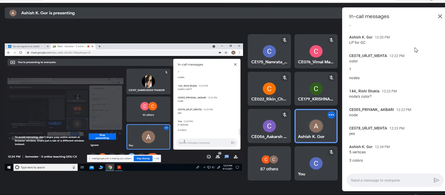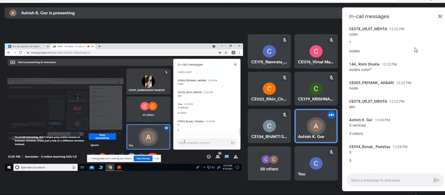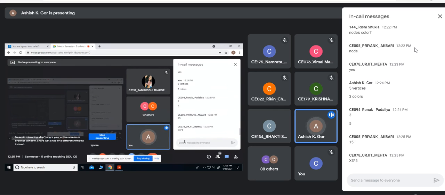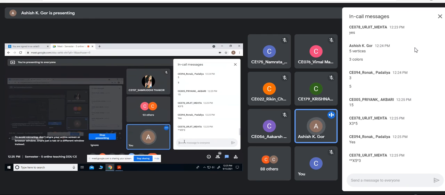Getting my question? 15, very correct. Because for every vertex and for every color you have a combination. Can you color vertex 1 with color 1? Yes or no? There is one variable. Vertex 1 with color 2, vertex 1 with color 3, and so 5 into 3. So total 15 variables are there.